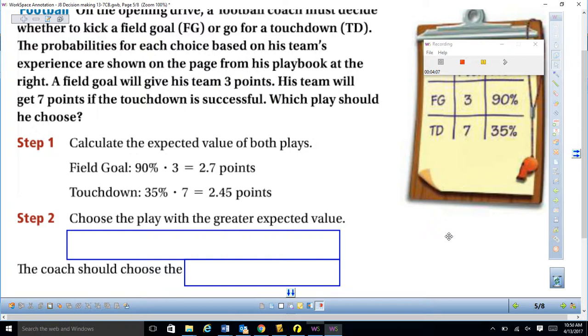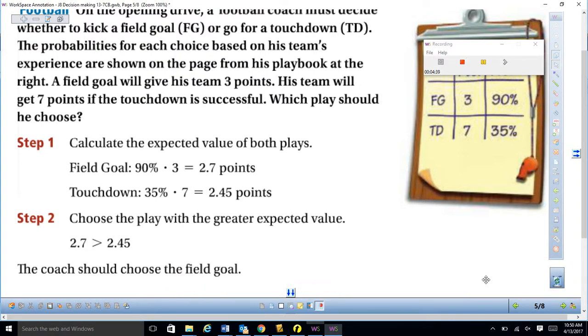Now looking at the touchdowns, we know there's a 35% chance of them getting a touchdown. So we take 0.35 times 7, and we get 2.45 points. We need to choose the play with the greater expected value. Clearly, 2.7 is greater than 2.45. Therefore, the coach should choose the field goal.